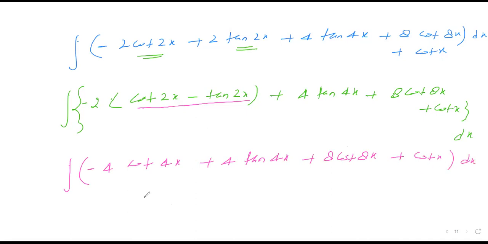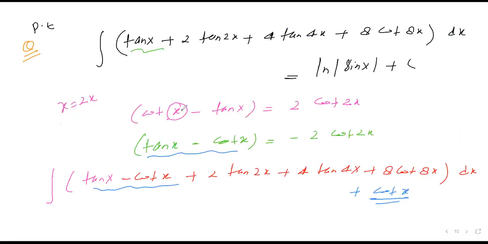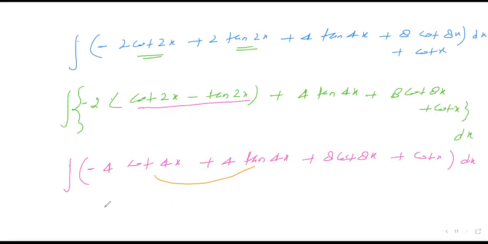Now you can observe the symmetry again. We will take minus 4 common from these two terms. Then again we replace x by 4x. Then cot 4x minus tan 4x becomes 2 cot 8x, right? So it is basically minus 8 cot 8x. Now you have got the right roadmap.